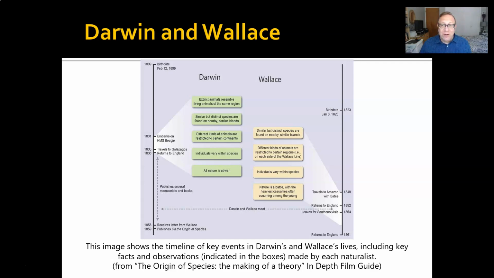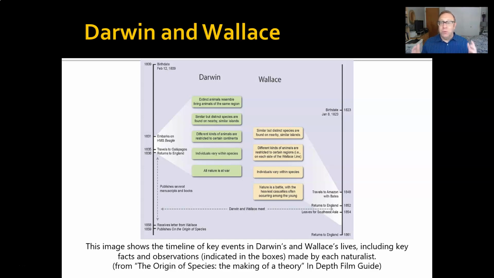And now he's got a choice there. He can just burn the letter and nobody ever knows about Wallace. Instead, through some of his friends who have been bugging him for years to publish this book, they finally say, okay, now you have to publish this book. You don't have a choice. You've been doing the research long enough. You have enough evidence. Just publish the book.